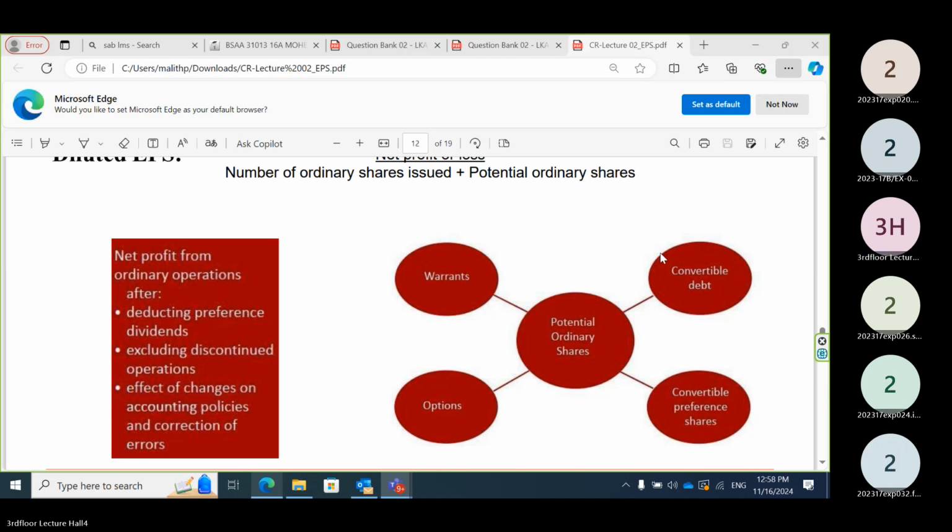So if you have a convertible agreement with them, once you convert that, whatever portion you add back to the profit after tax is lesser than the denominator. So in the majority of cases, you may have a dilutive impact.